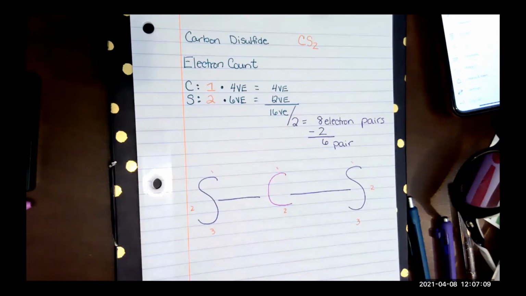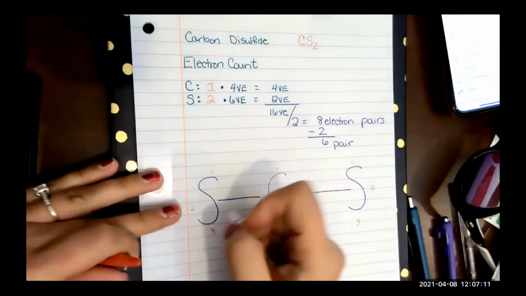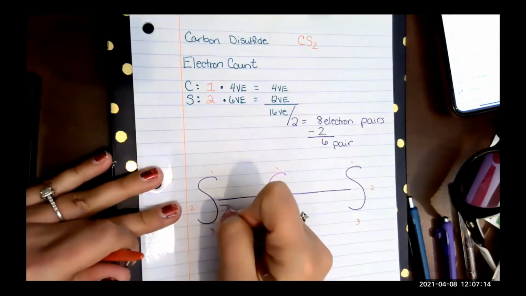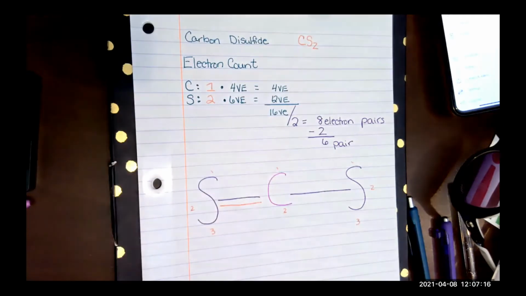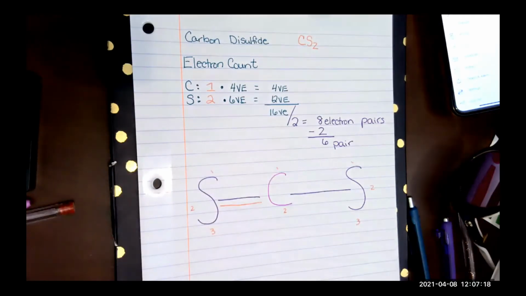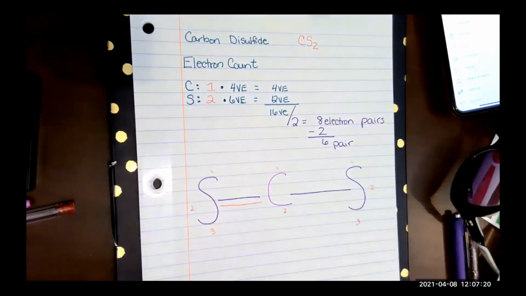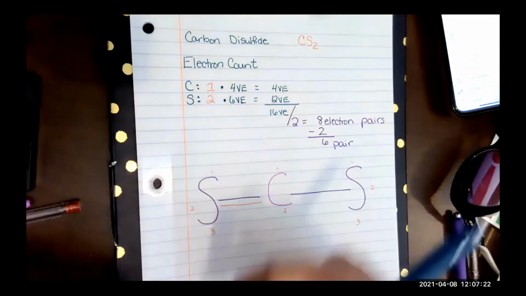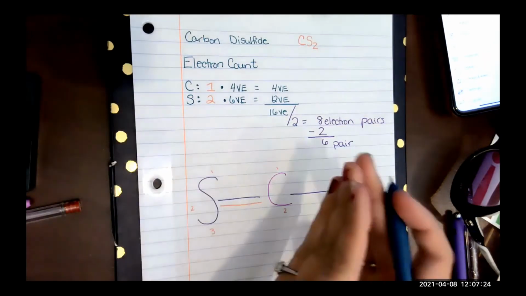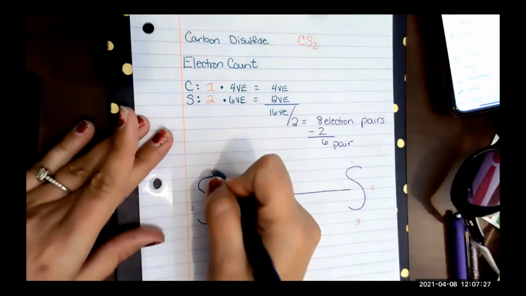So what we're going to do is a double bond between this sulfur and this carbon. That double bond takes the place of both the 1s. It doesn't matter which numbers you take off. I'm just taking off the same number so you can do it.